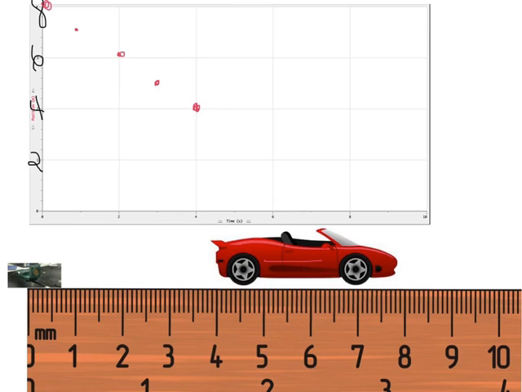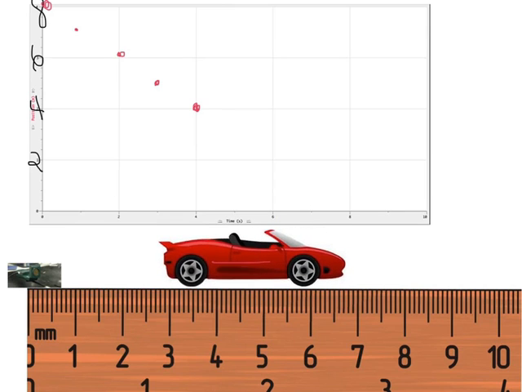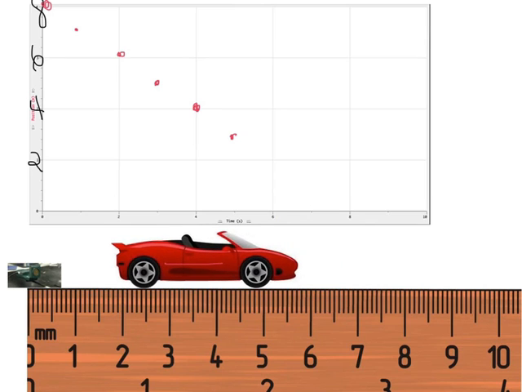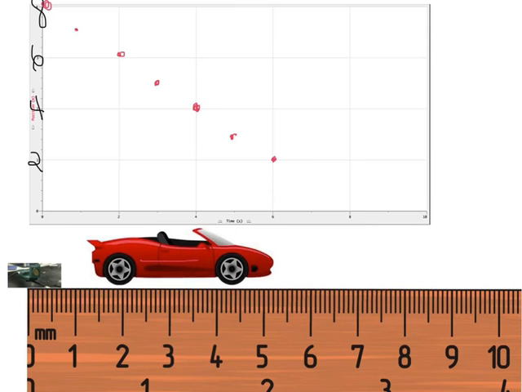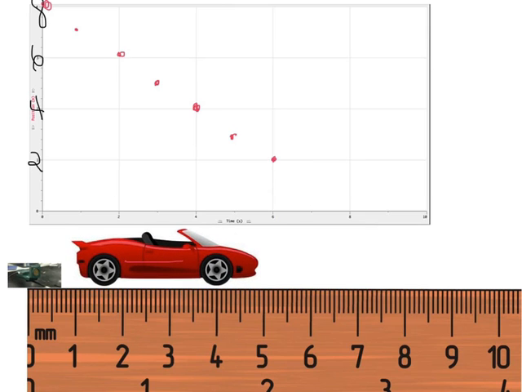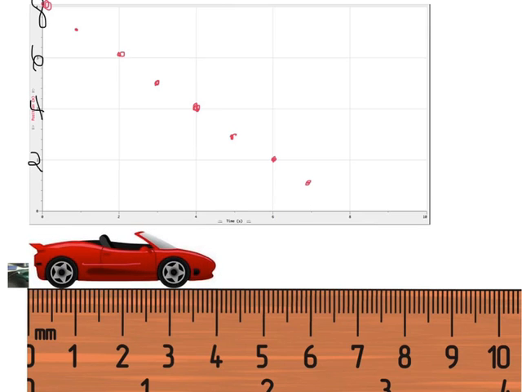And I think you can see that if we keep doing this, in another second he's at 3, and then in another second he's at 2, and then he's at 1, and he actually arrives at the start at 0, 8 seconds later.